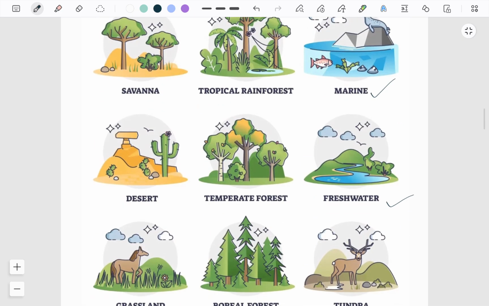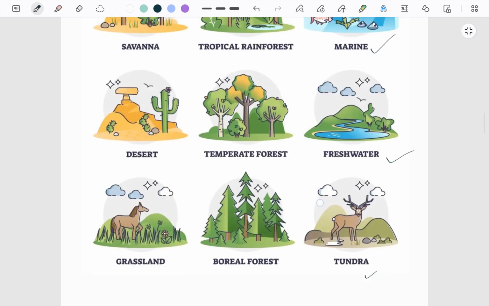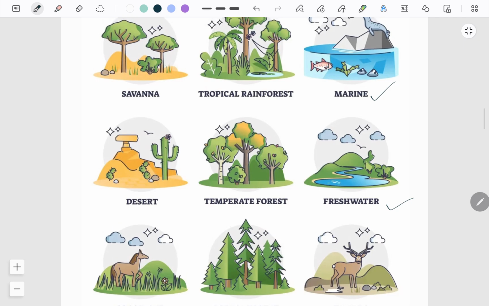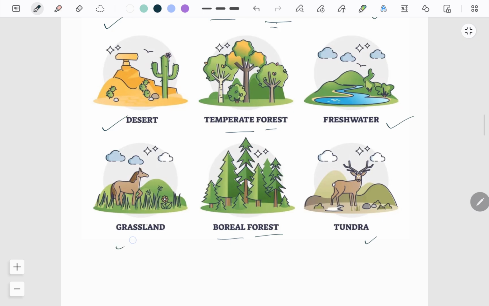Okay, now if I say boreal forest, these are the forests in cold areas, cold climate. Temperate forest, the tropical rainforest. So there is a biome category called forest in which different types of forests will come. There will be savannas, deserts, grasslands.